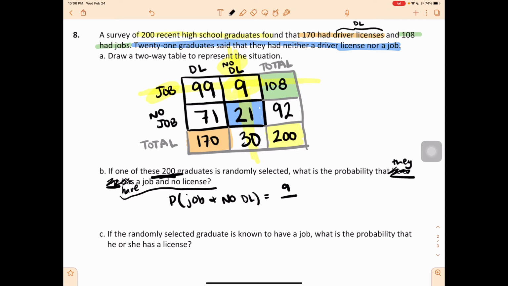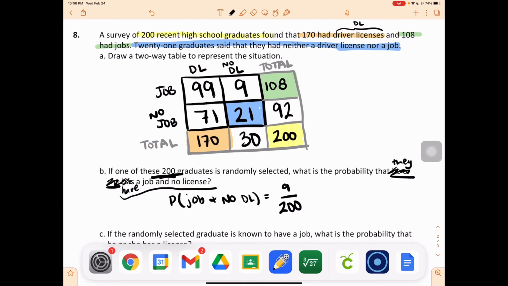If one of these 200 graduates is randomly selected, 9 out of 200, that would be full credit for your answer right there, okay? So you guys would have to use the table to try to find out how many students have a job but no driver's license, right there, okay? You'll notice that information there was not given to you up here, so you needed the table to figure that out.